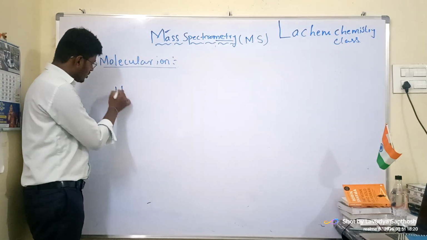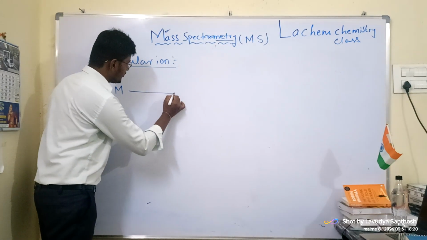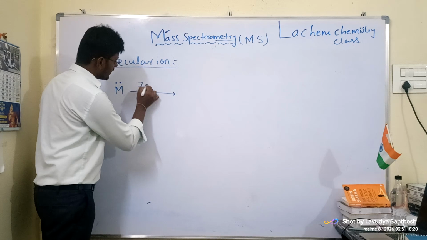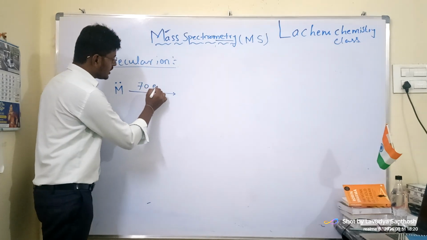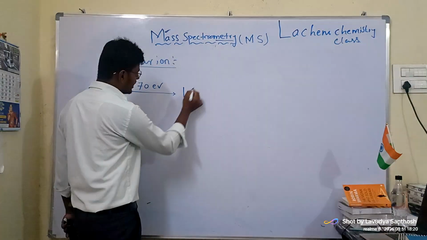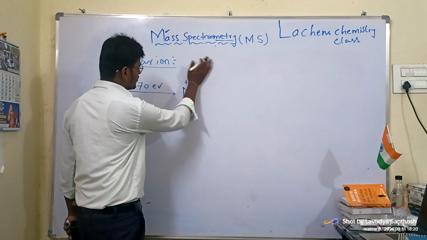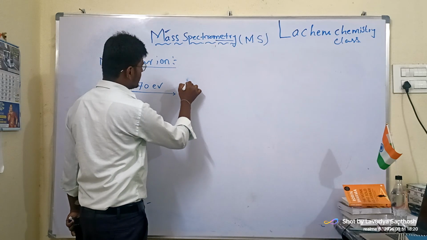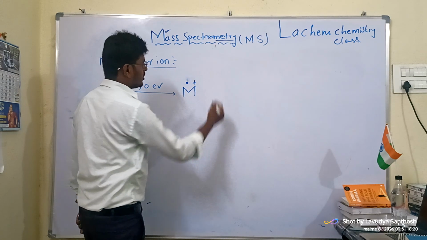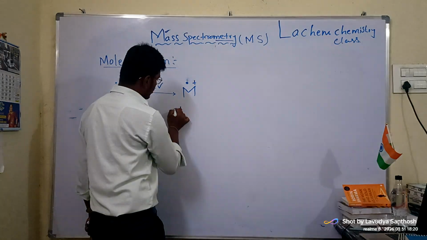This is the molecule. We have given 70 electron volt energy, and now it became a positive radical ion. Now, molecular ion, what is this?